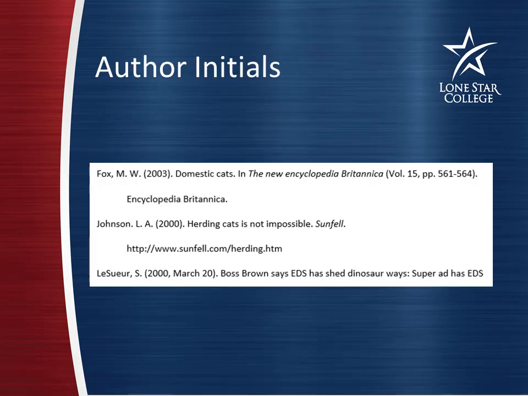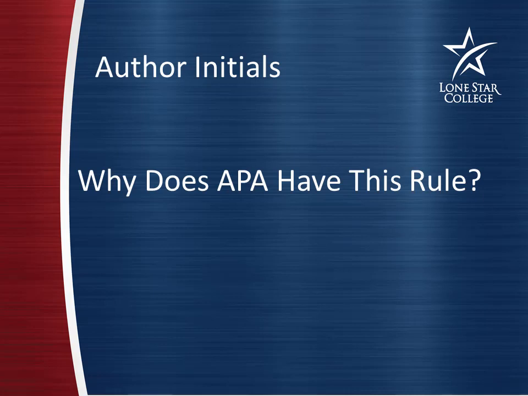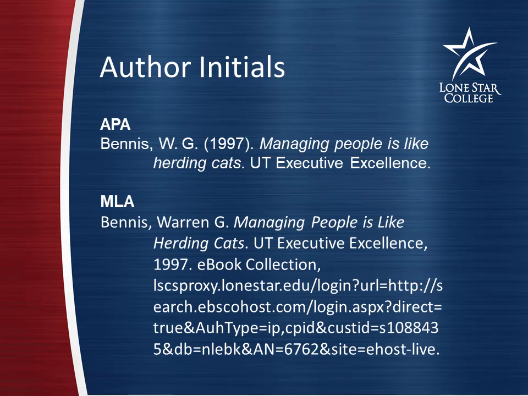This is different from MLA rules and thus often confuses students. APA has a good reason to establish this rule. A reader is less likely to gender an author by initials. By removing an author's apparent gender through given names, the APA-compliant author reduces the likelihood of gender bias by the reader.